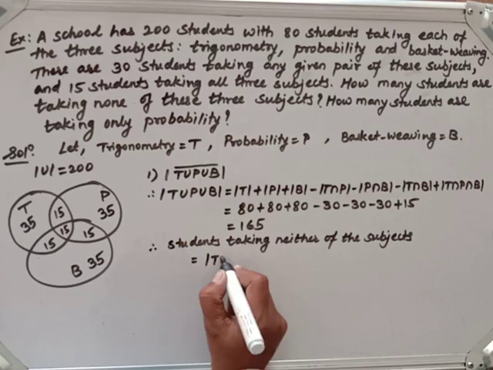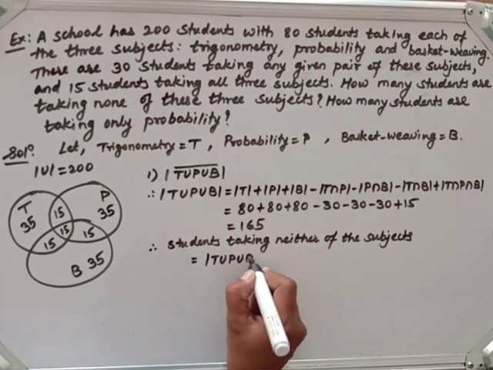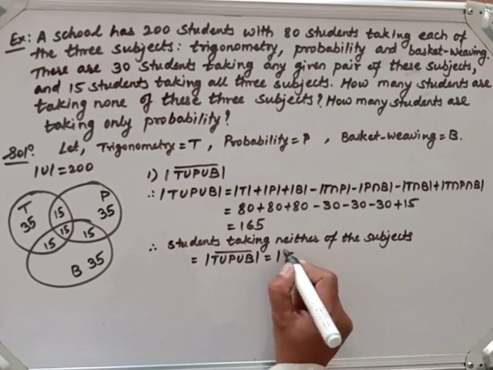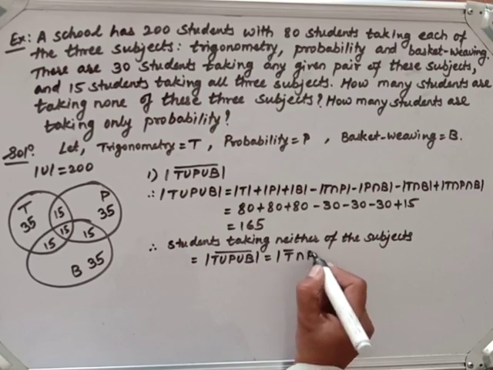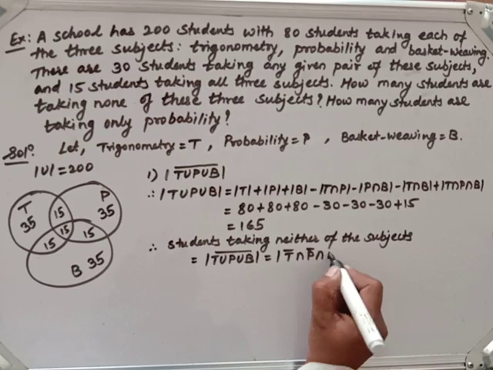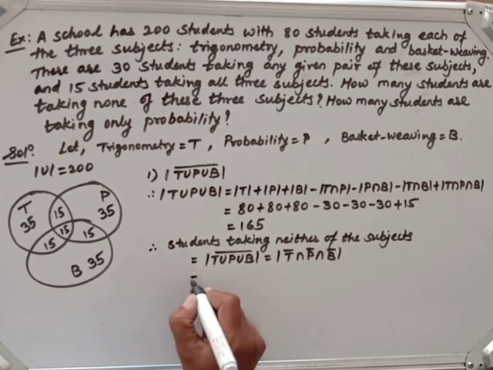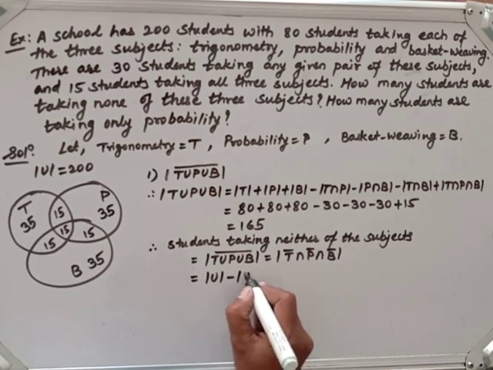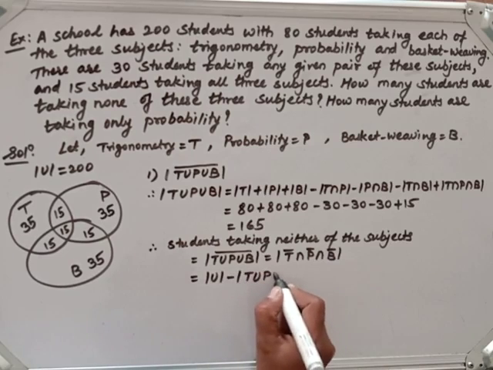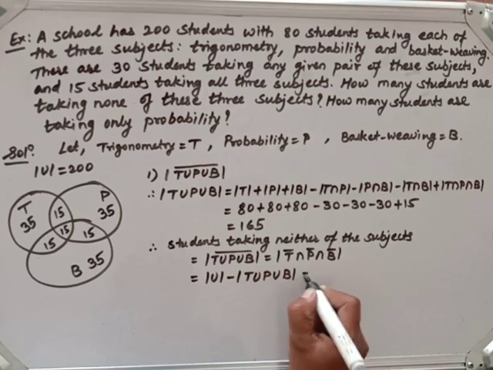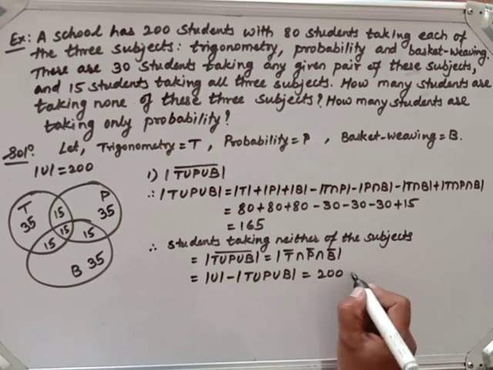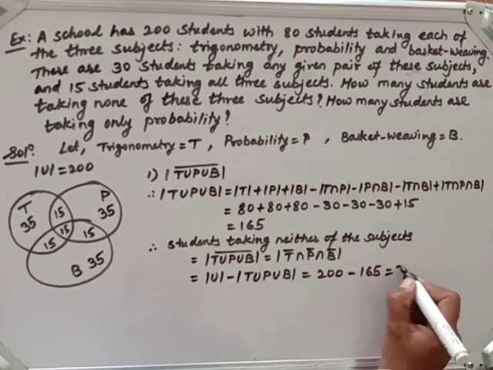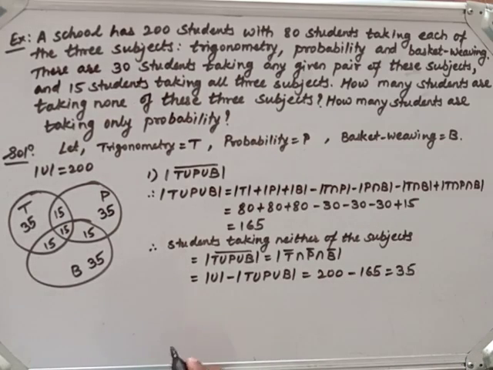This T union P union B complement, or that is same as complement of T intersection complement of P intersection complement of B using De Morgan's law, or that is same as universal set minus this T union P union B also. So universal set have how many elements? 200 elements, and this is 165. So the answer is 35.